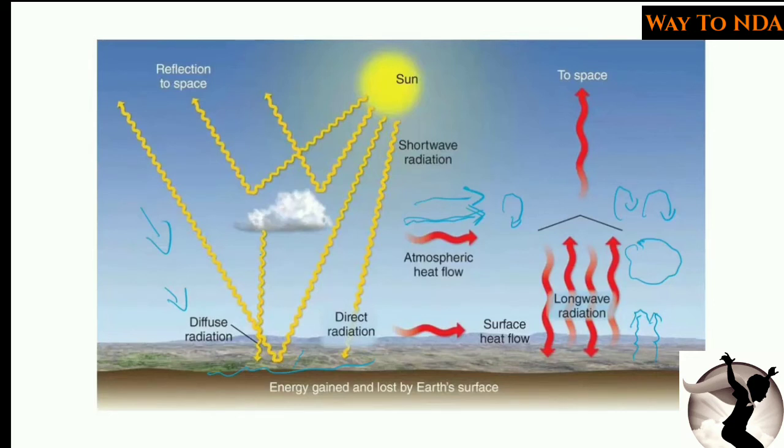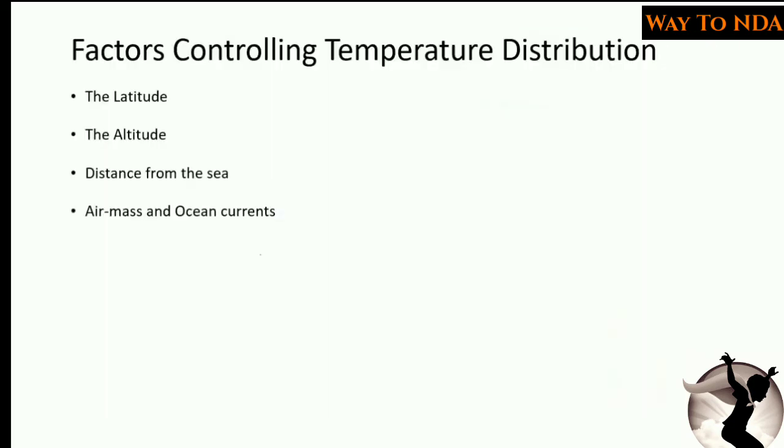Now, what are the factors that are controlling the temperature distribution, that is the heat distribution? So firstly, we have studied this in our previous lessons also, that latitude plays an important role. Why? Because we have seen that Earth has a tilted axis, and these are the latitudes. Okay, so as you go to higher latitudes, the temperature will go on decreasing.